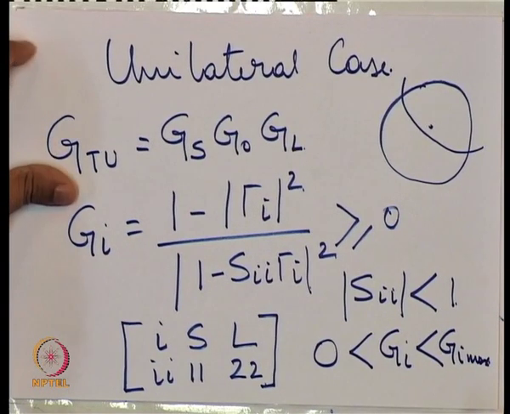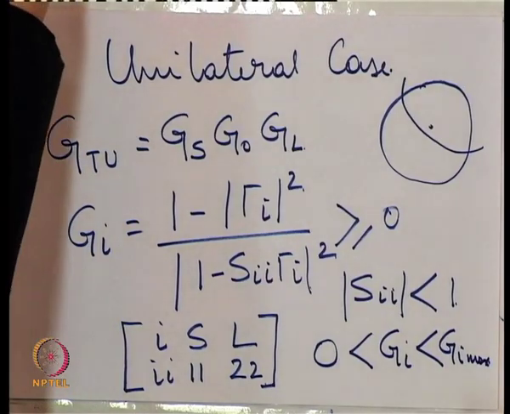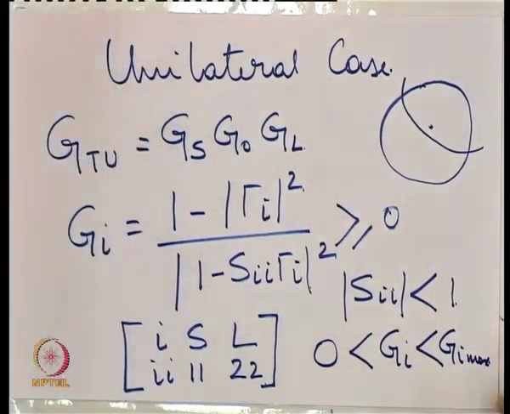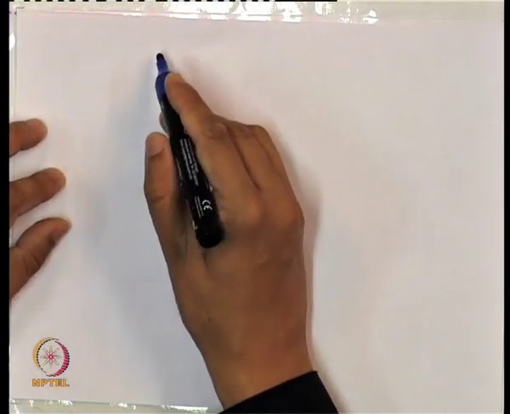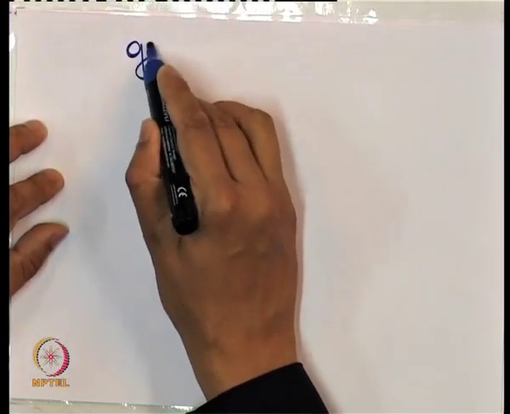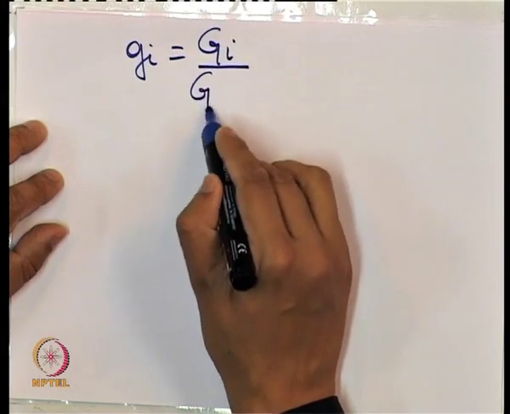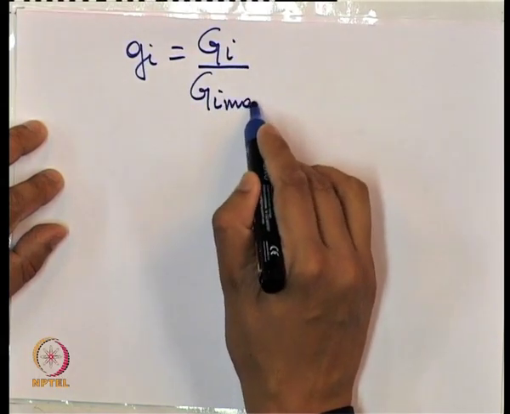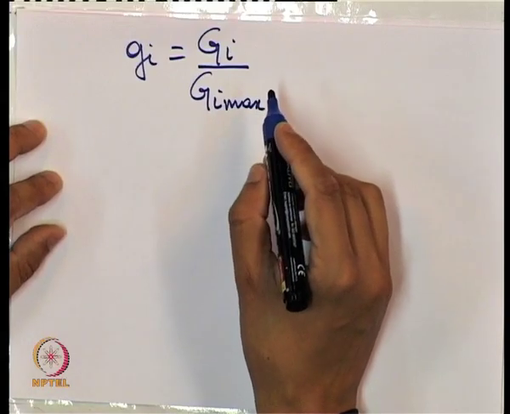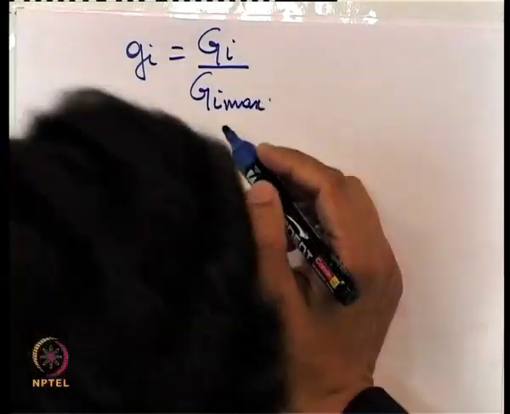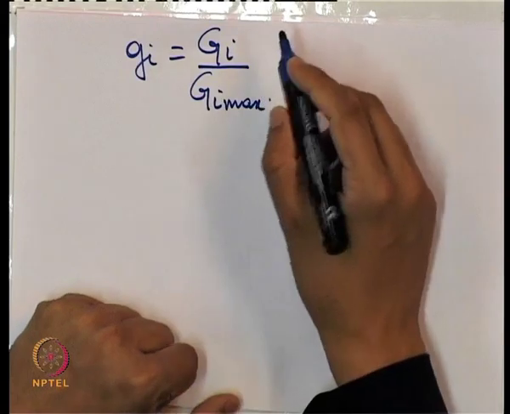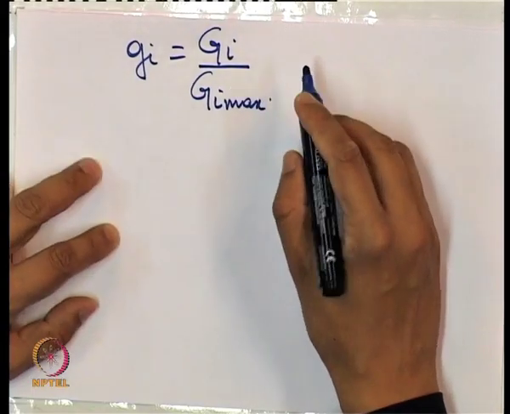Now if we define a term small gi, which is defined as follows. Say capital Gi is the gain that you want to achieve and Gi max is the maximum value of Gi, where Gi is either GL or GS.